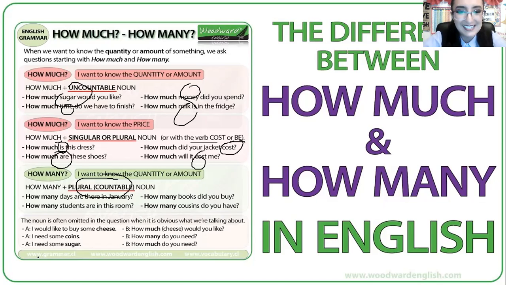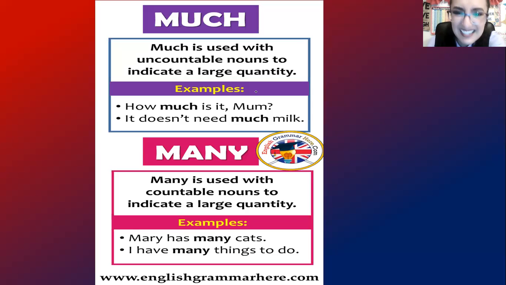What do you think about the difference between how much and how many? Is it easy or difficult? It is not that difficult as I can see it. Remember, much is used with uncountable nouns to indicate a large quantity. How much is it, Mom?